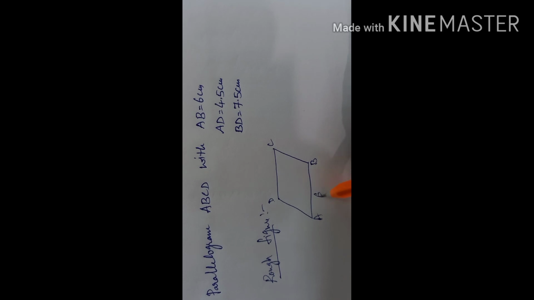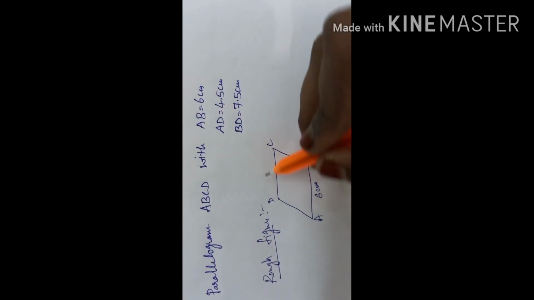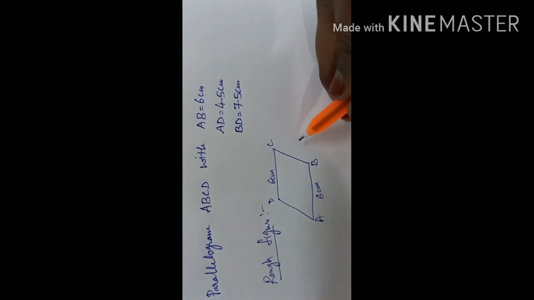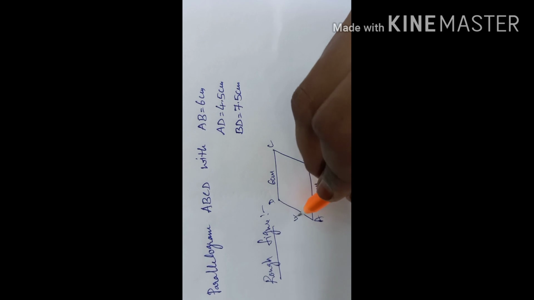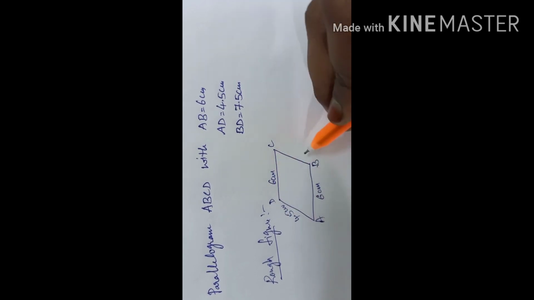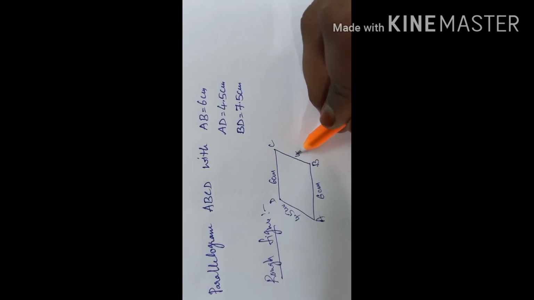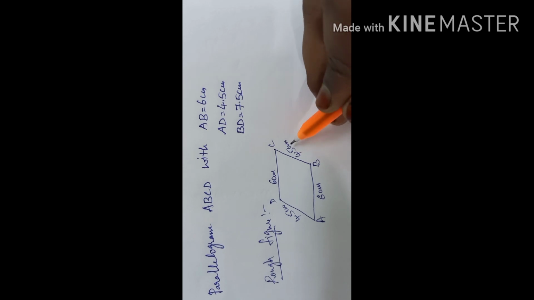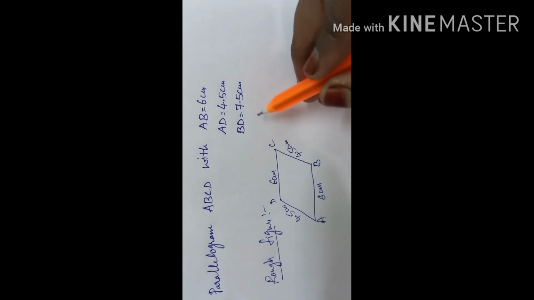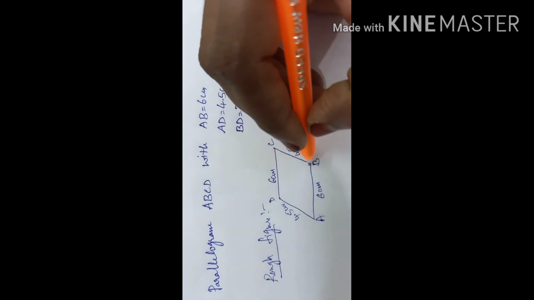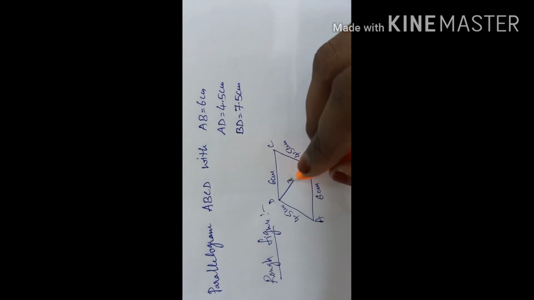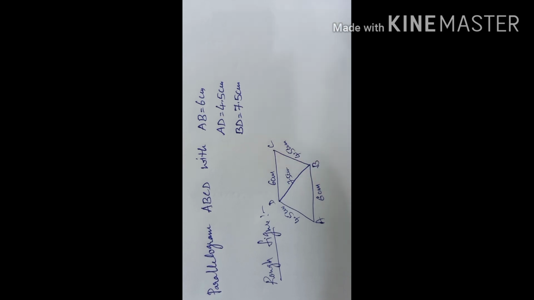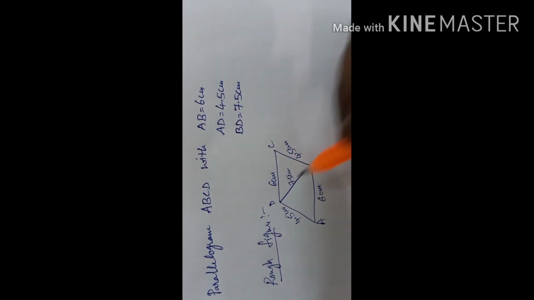So AB is 6 centimeters. If AB is 6 centimeters, the opposite side CD also 6 centimeters. Next, AD is 4.5 centimeters. So if AD is 4.5 centimeters, the opposite side, that means BC is also 4.5 centimeters. Next, BD. BD means the diagonal. So the diagonal is also 7.5 centimeters. So here 5 measurements are given.